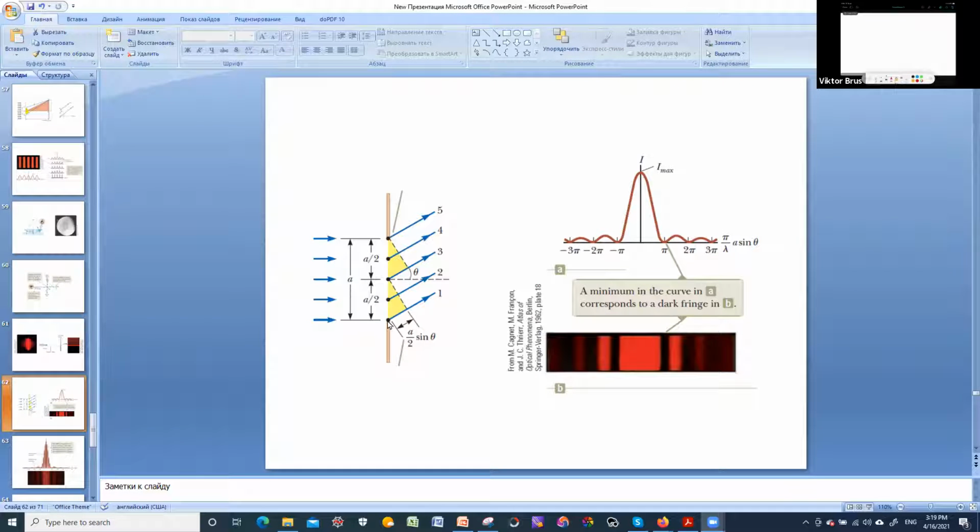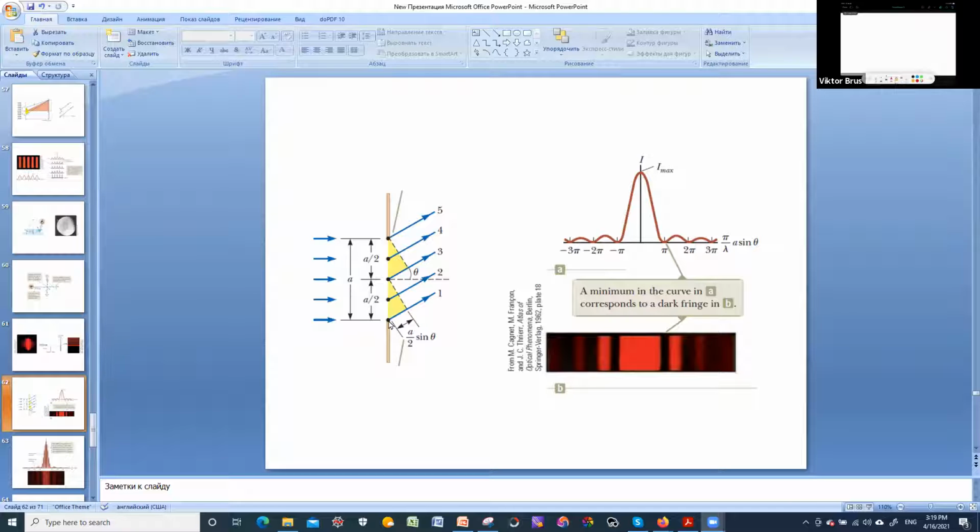Let us consider dividing this slit in two. We have the width of the slit A, then we can divide it into two portions, 1/2 of A and 1/2 of A.